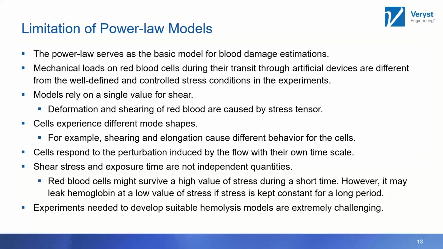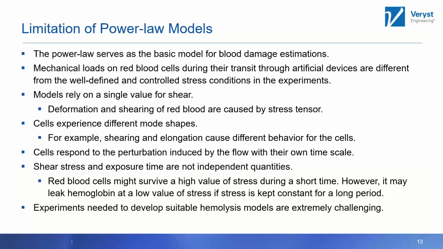None of this is captured in the model. The other thing is that it is assumed that cells respond instantaneously to the shear, whereas a red blood cell is a flexible material, and it has its own time scale. And the most important thing is that shear stress and exposure time are not independent variables. You can apply high stress to a cell for a short time and the red blood cells will survive that stress.